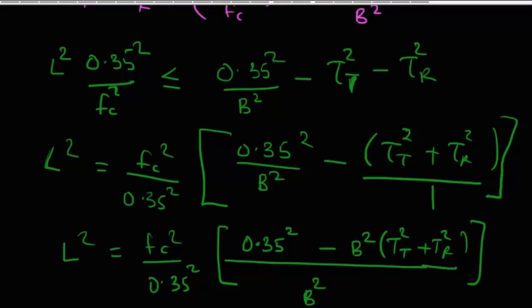So this time, tau T square plus r square, everything divided by B square, right? You have this guy outside. This is square over 0.35 square times. So what do I do now?